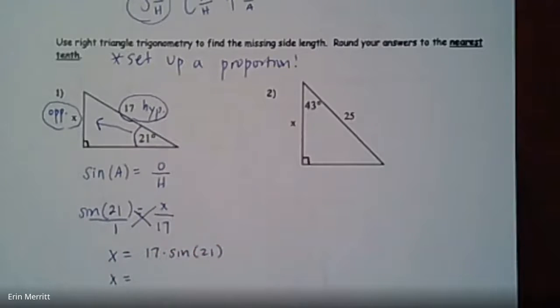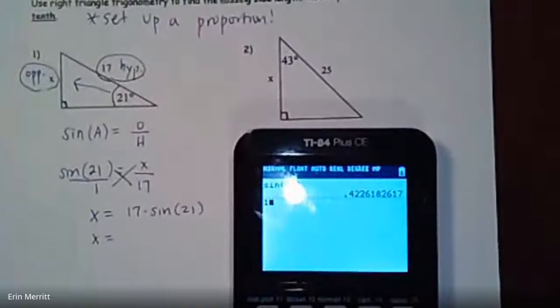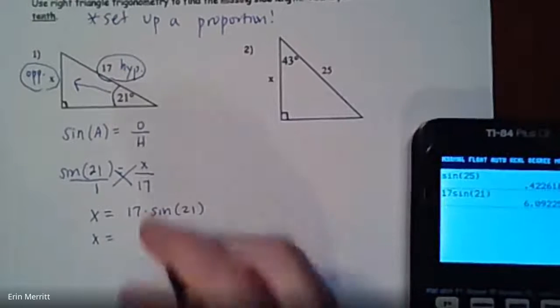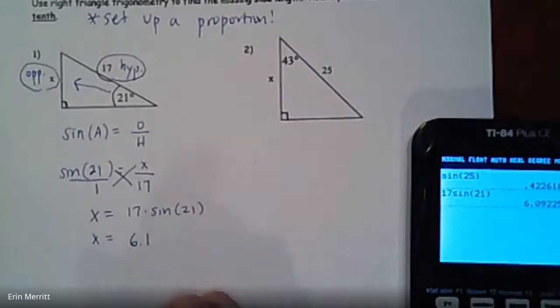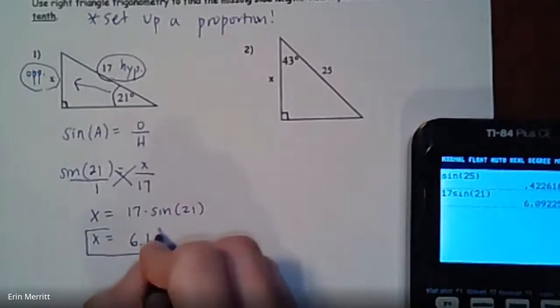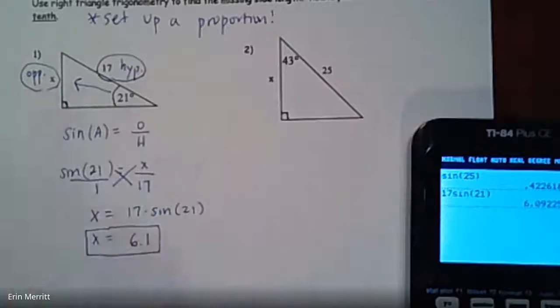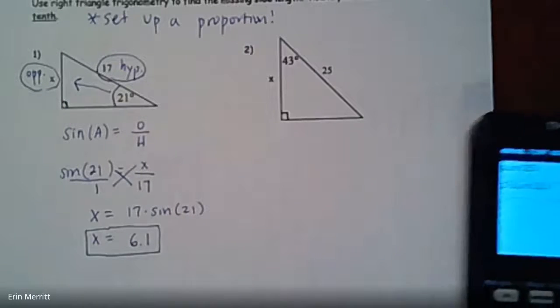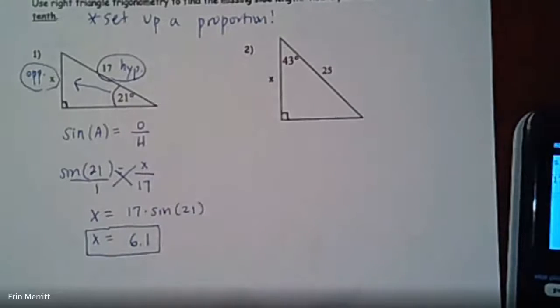Into my calculator, that's what I'm going to type in. So 17 times the sine of 21, that should come out as 6.09. So to the nearest tenth, we can say 6.1. That has to be the length of that side based on the ratio for the angle 21 degrees.